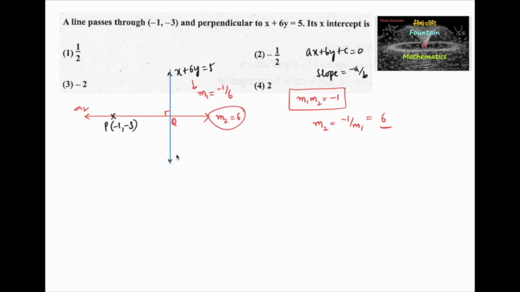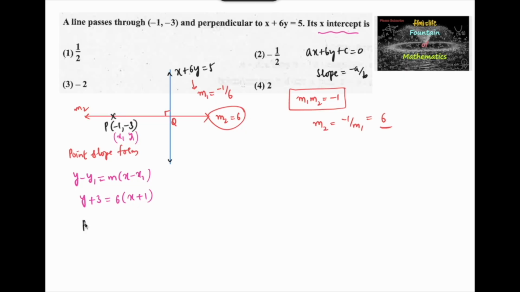And passing through the point (−1, −3), by using the point slope form, y − y1 = m(x − x1), where x1, y1 is (−1, −3), we can write y − (−3), that is y + 3, is equal to 6 times (x − (−1)), that is (x + 1).